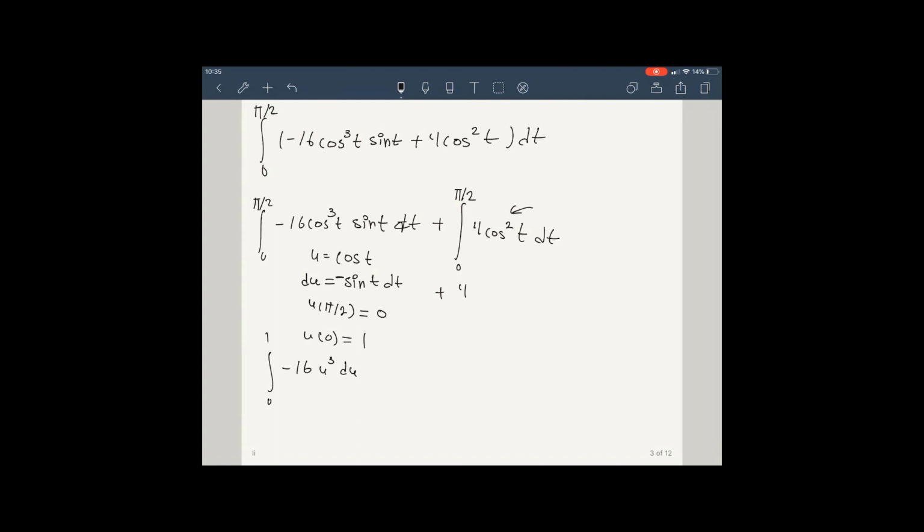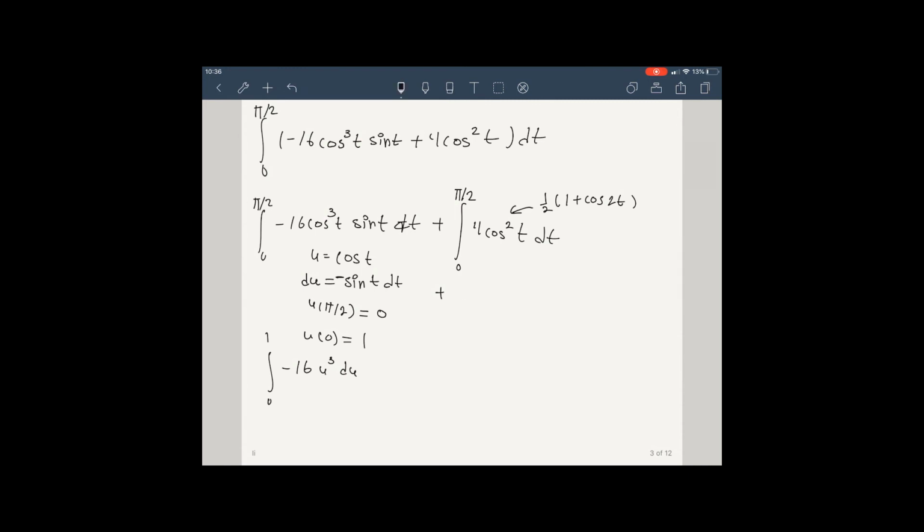cosine squared. We can use the power reduction formula to simplify, and we get that cosine squared is equal to 1 plus cosine of double the angle, so you should get 2t, divided by 2. The 2 cancels out with the 4.